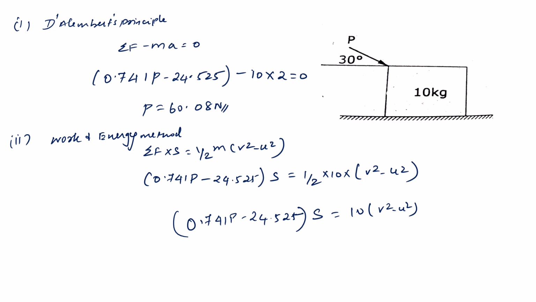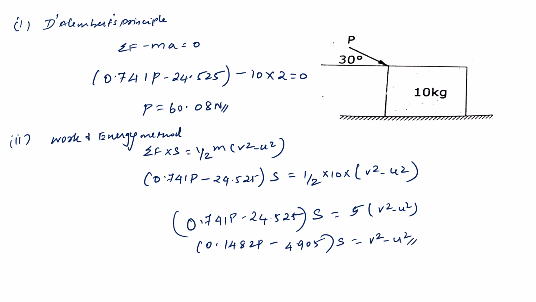Finally, taking the 10 to the other side, sorry, not 10, this will be 5. So we are left with (0.1482p minus 4.905) S is equal to v square minus u square. So this is the relation we have.